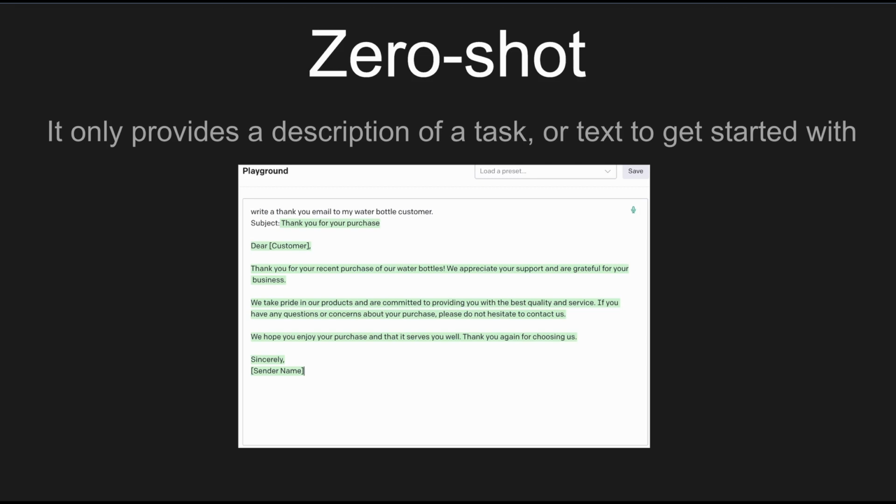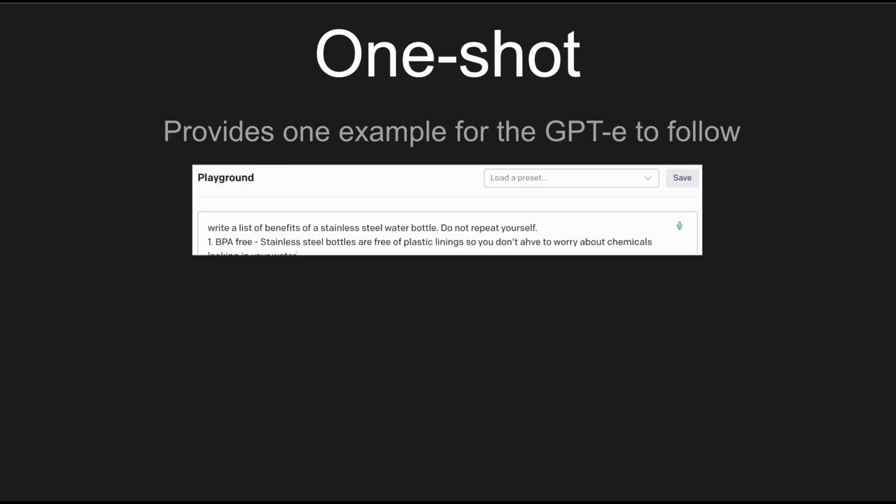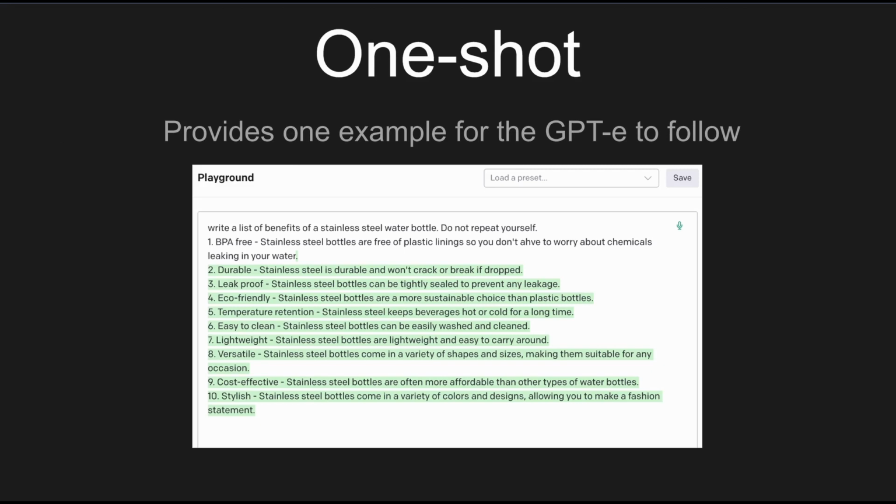And most people will start using this one until they realize that they can also do a one shot, which provides one example for the GPT to follow in addition to the zero shot description. So here is what it looks like. Write a list of benefits of a stainless steel water bottle. Do not repeat yourself.